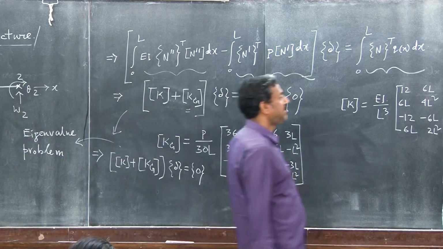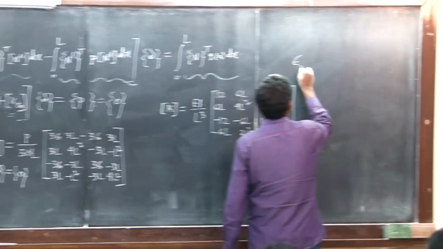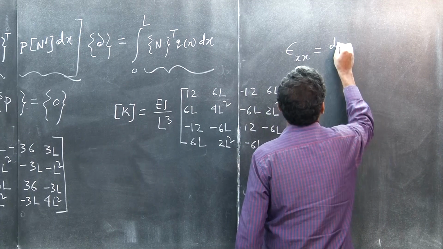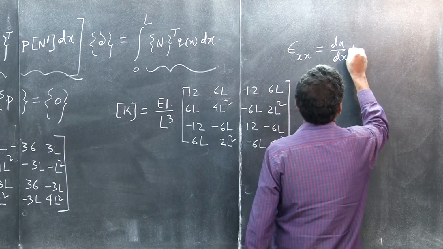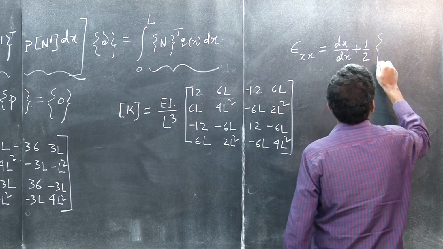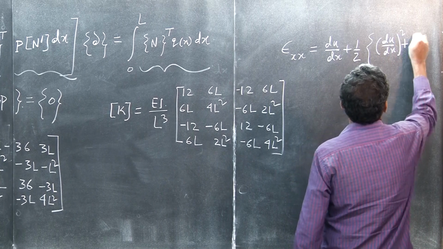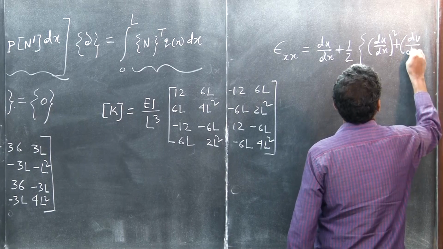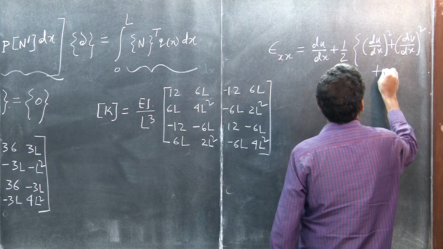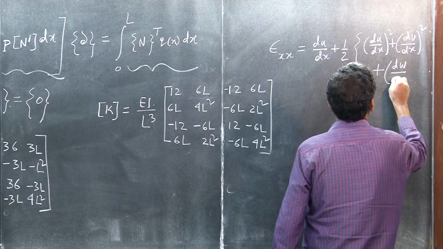So, if you see, epsilon xx is basically du dx plus half of du dx square plus dv dx square plus dw dx square, for u, v, w, right.